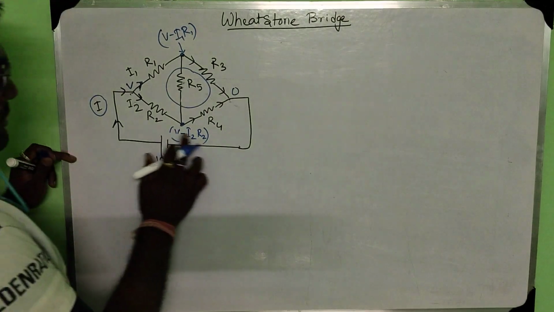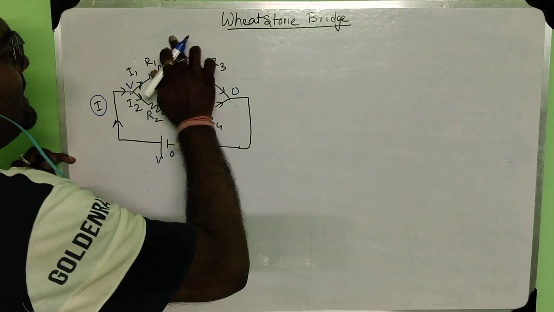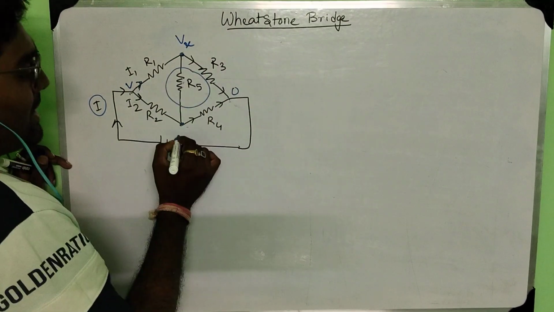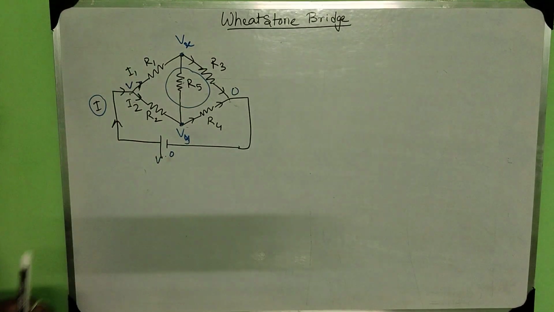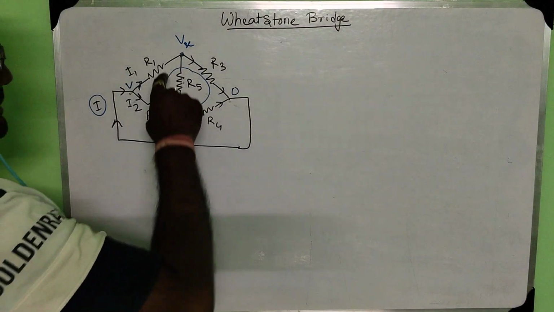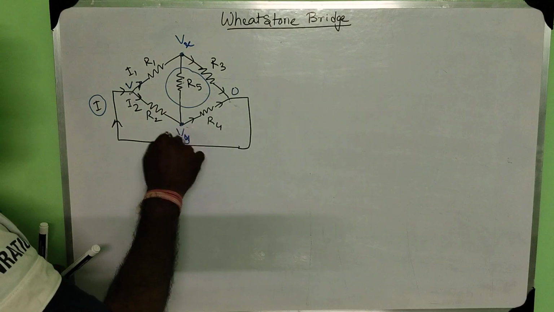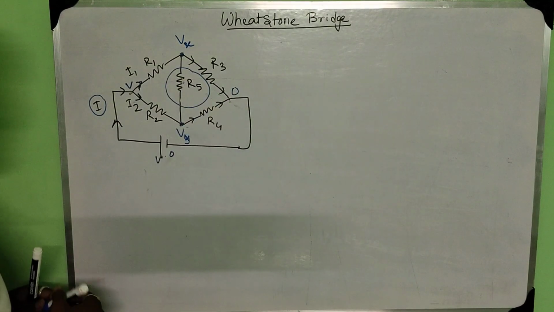So let's take it as Vx and let's take it as Vy. Obviously there is a potential drop at this point and at this point, and this is Vy and this is Vx, and again the current is flowing.